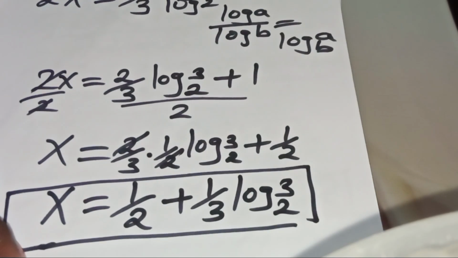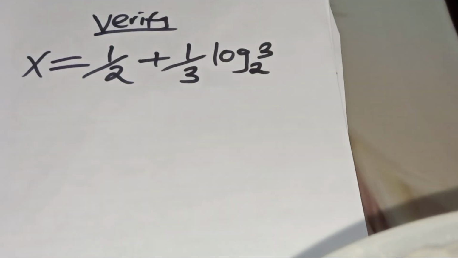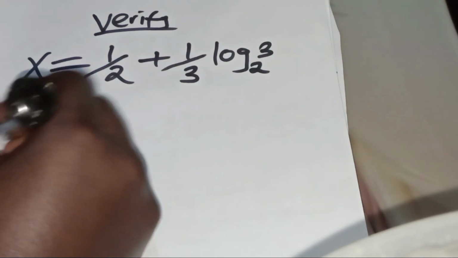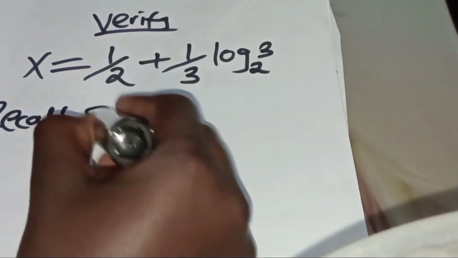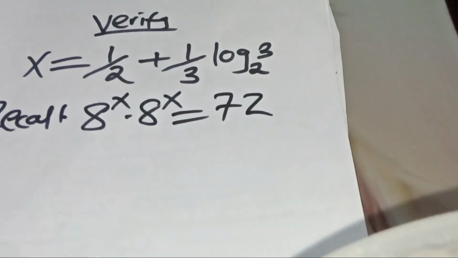Now let's verify that this value of x actually satisfies the equation by following these steps. Let's verify that the value of x, which is a half plus a third log 3 to base 2, actually satisfies the equation. If you recall, 8 to the power x multiplied by 8 to the power x should give us a value of 72.